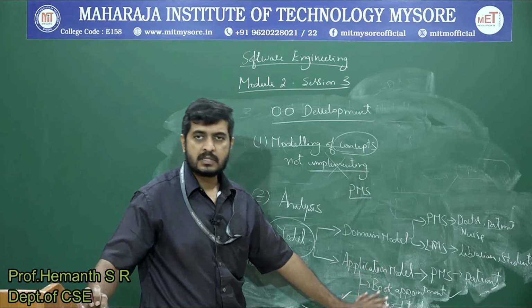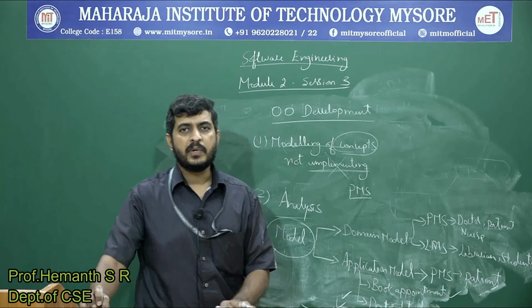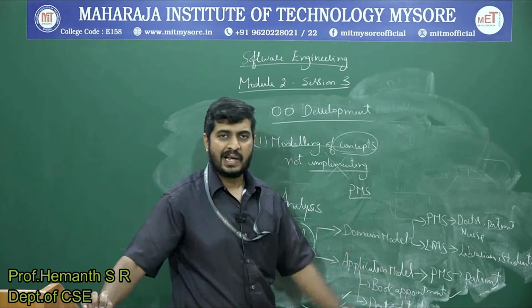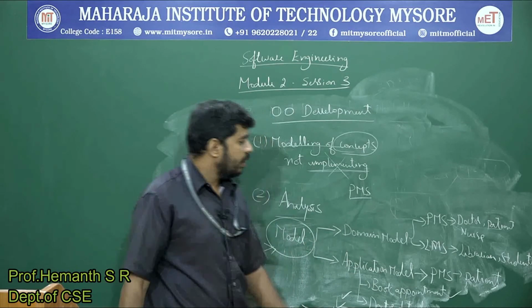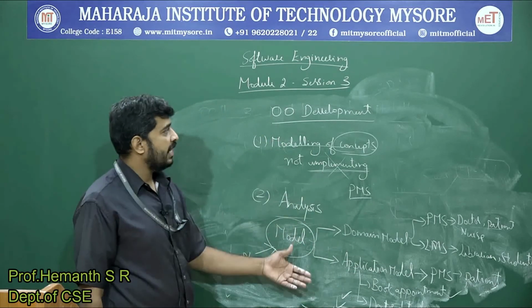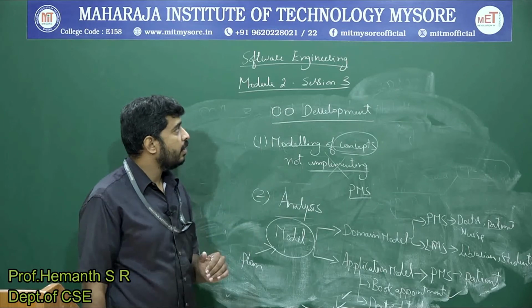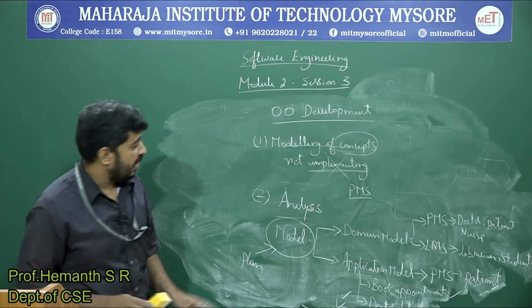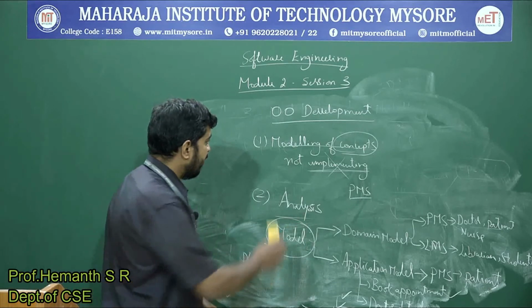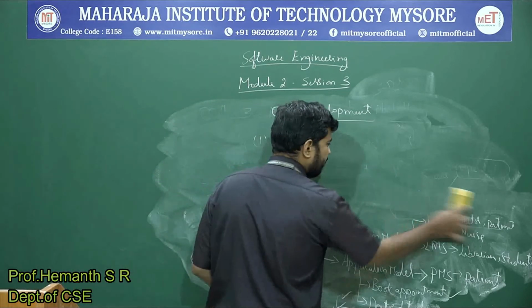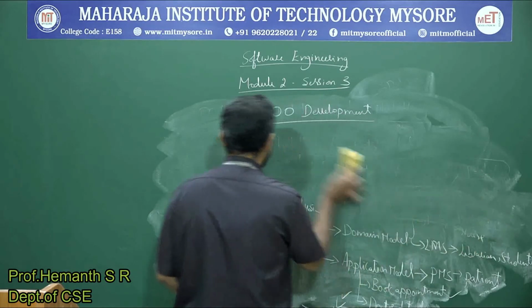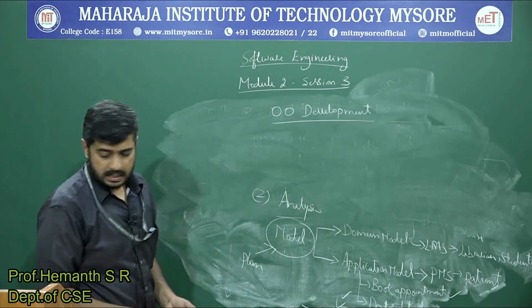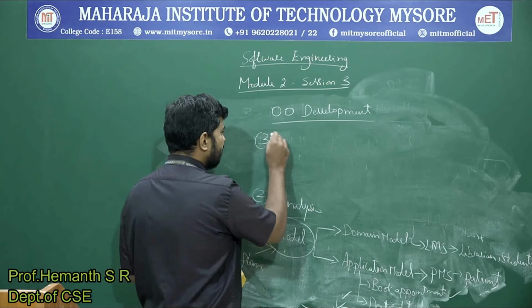We are not planning this during implementation. Implementation is just a realization of this plan. That's it. So complete planning is done during the object oriented modeling. So this is the second step, and once done with analysis, we enter into the third one. The third one is called the system design.